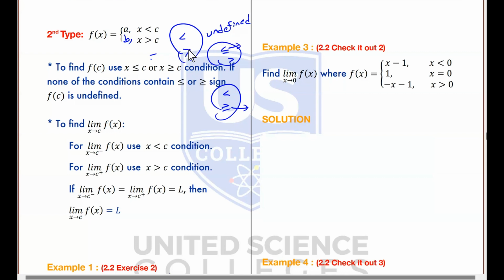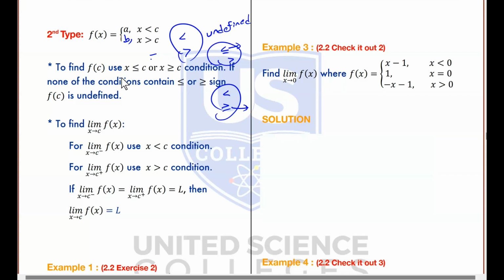Alright, what about for finding the limit? For finding the limit, as you know, the limit from the right must be equal to the limit from the left. If the left side limit is equal to the right side limit, then the limit exists, and the value of the limit is the common value of the right and left side limits. So to find the left side limit, we will check the less than condition.